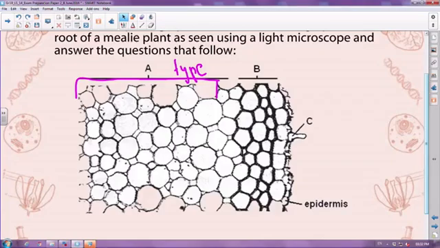Now, leading from our last question, we did the tissue types in the last question as well. So what did we notice over here? Number A has thin walls, and very large vacuoles in them. Whereas if we look at number B, although not characteristically found in a root, the question has said that these cells are in the root. We notice that they have vacuoles, but what do we see about the cell walls?